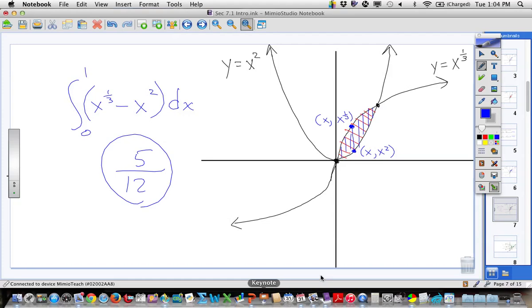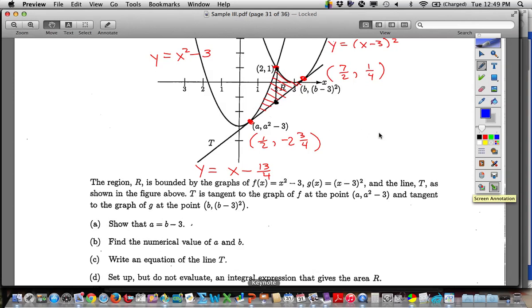For this to work, you need the length of every strip throughout the region. And so every strip has to have the same top and same bottom curve. So in this problem, if I start drawing vertical strips, let's do this in blue. Those are all good, right?